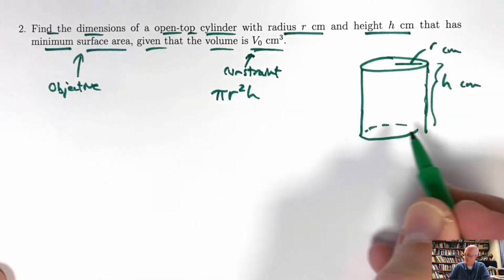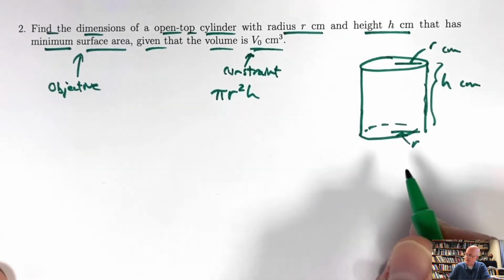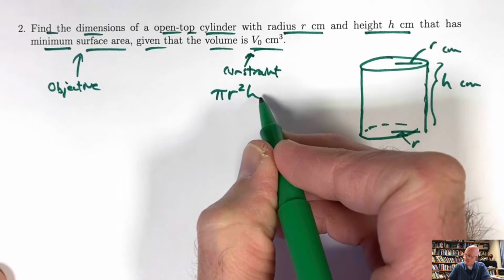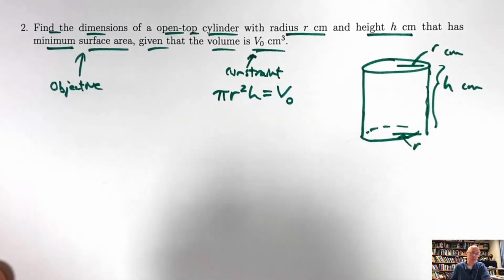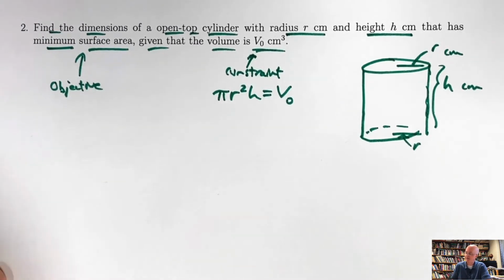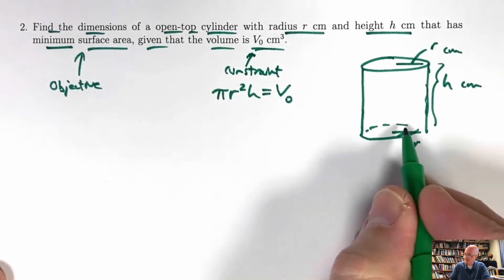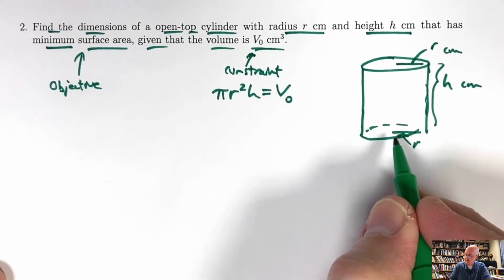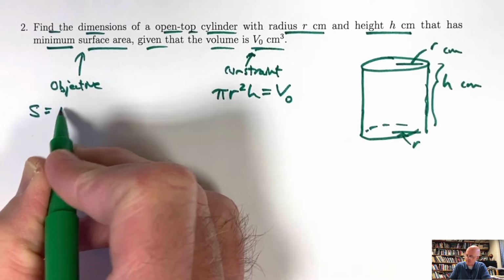Pi r squared represents the area of the circle on the top or the bottom. Multiply that by the height, you are going to get the volume. That is fixed at the value V sub 0 without specifying what V sub 0 is. I could specify it, but I'm not. Okay, you should be able to handle things like this. Minimum surface area. Well, the surface area of the bottom, which is part of the can here, is pi r squared.